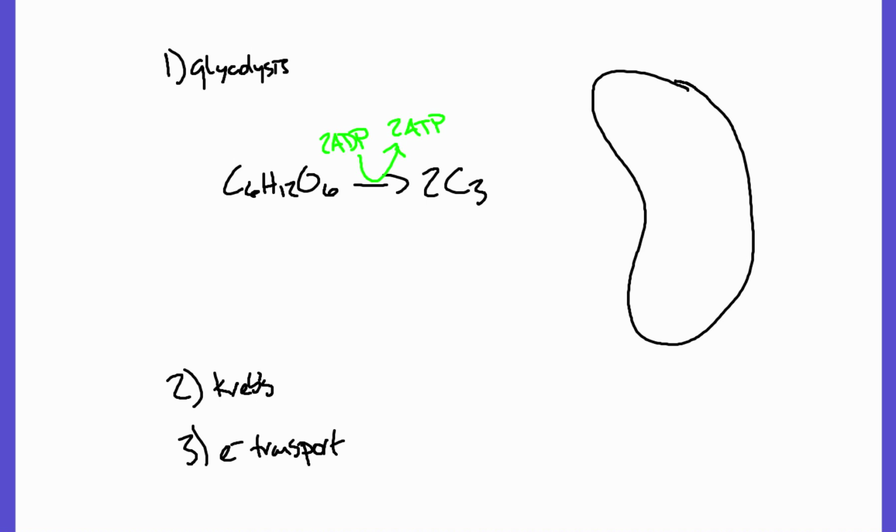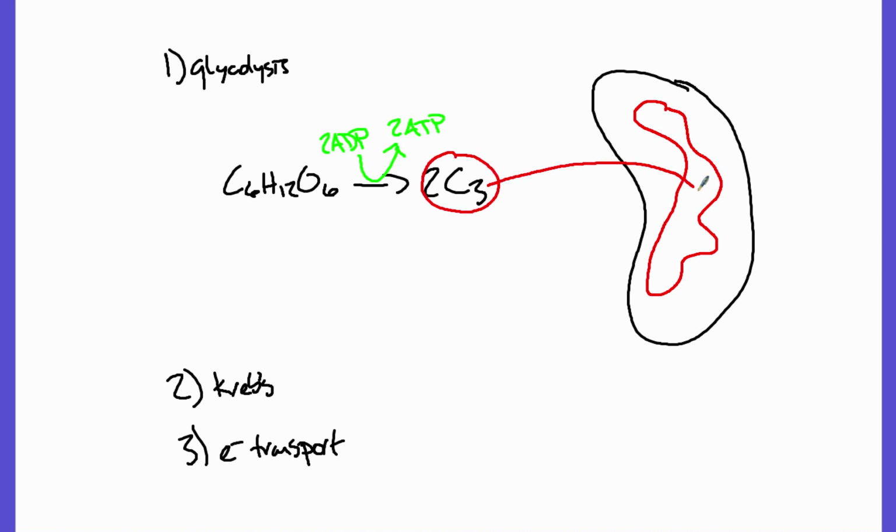But the next steps are going to happen in my mitochondria, with an inner and outer membrane. Before I can use that mitochondria, I'm going to have to move these 3-carbon molecules across a couple membranes, which is going to be an active transport.